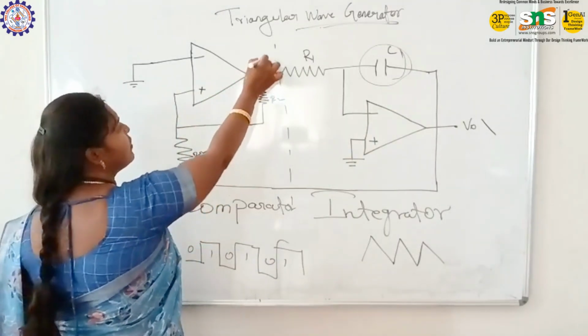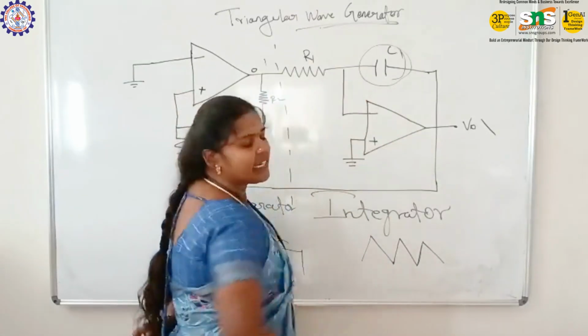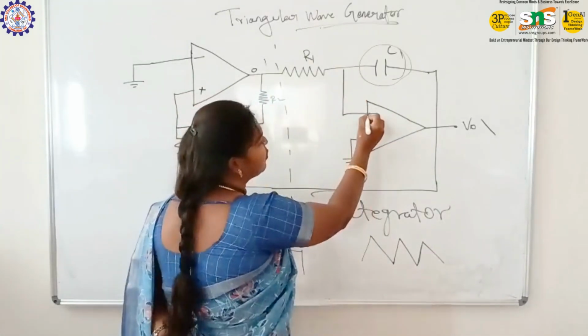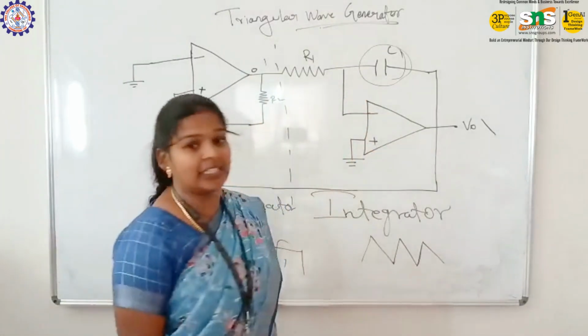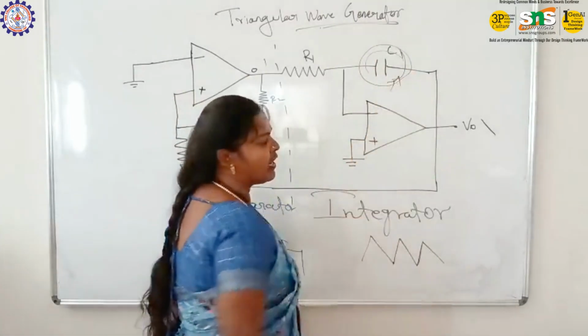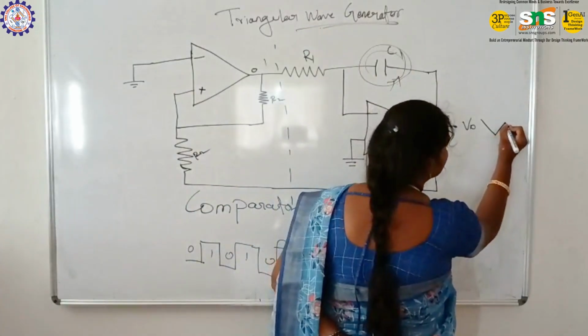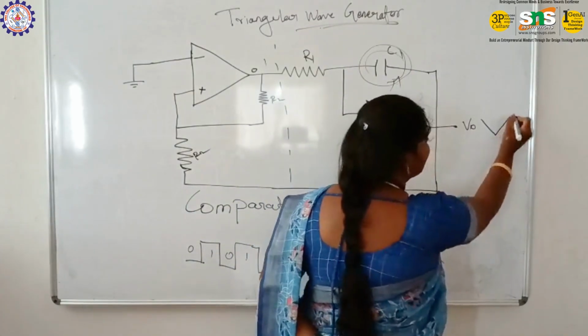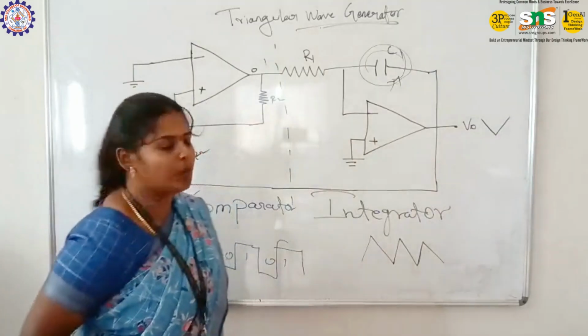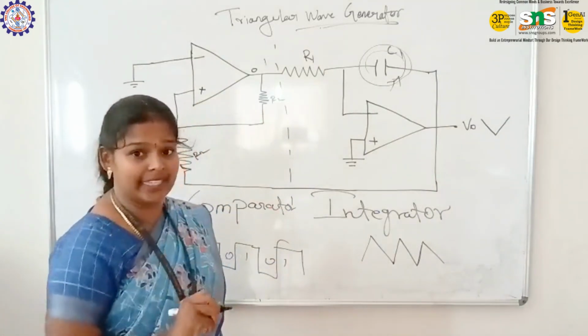So now it will produce the output as 1. Again that signal is given to the integrator, which takes input from the inverting terminal. So now the capacitor will charge the value, the output is high, and the output goes through the rise time condition.